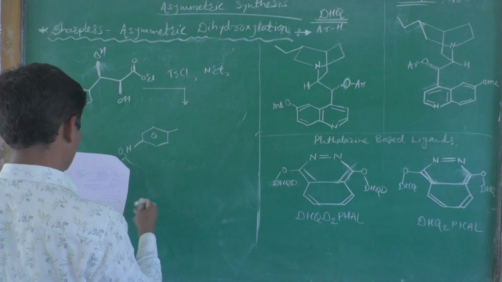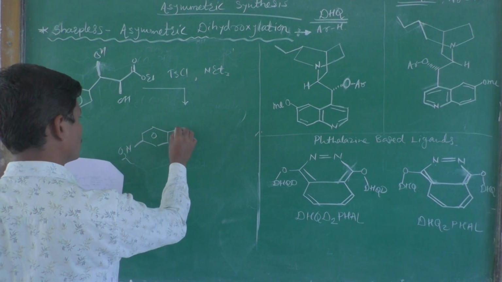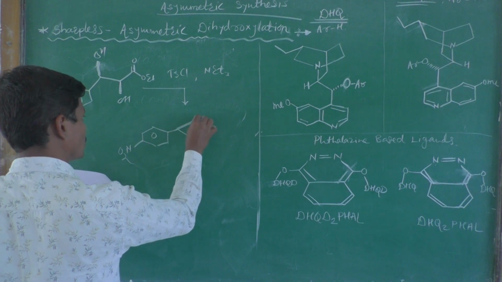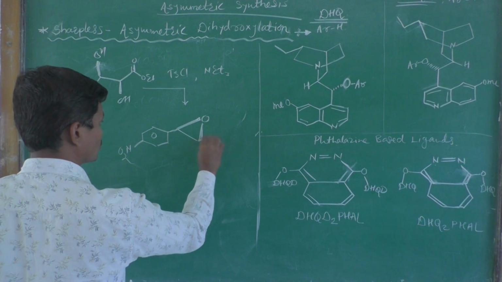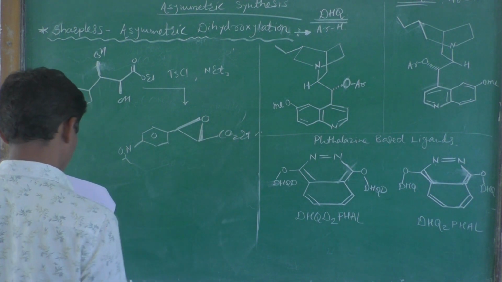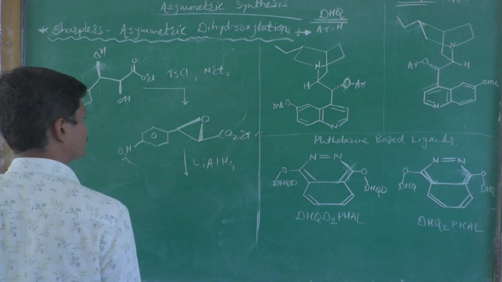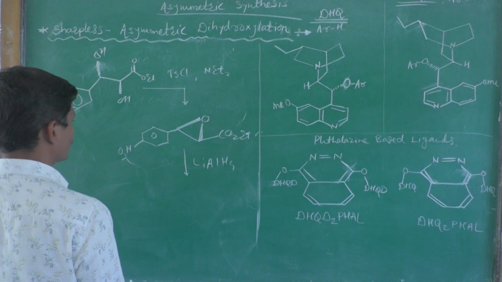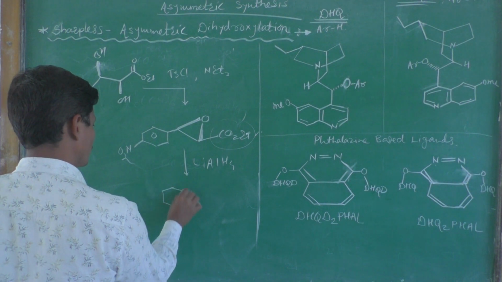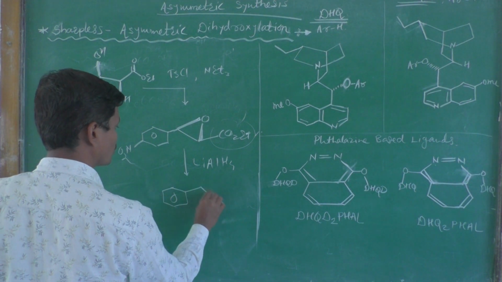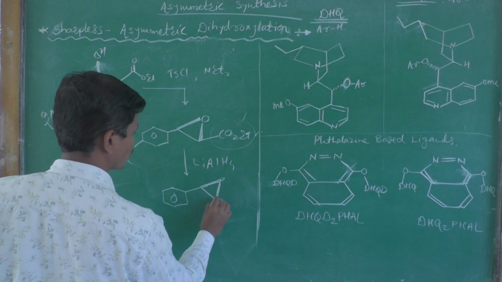So this is the product, with CO2Et. Then LiAlH4 is used. This will reduce the CO2Et group into CH2OH.